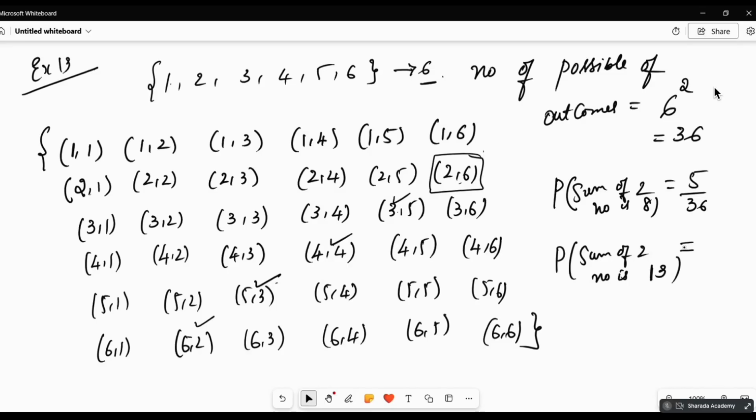Because the last is 6 and 6. The maximum two numbers can be is 6 and 6, which is 12. So 6 and 7 is not there. So it is 0. So what type of event is this, Lakshit? Not possible. Impossible event. So this is an impossible event.